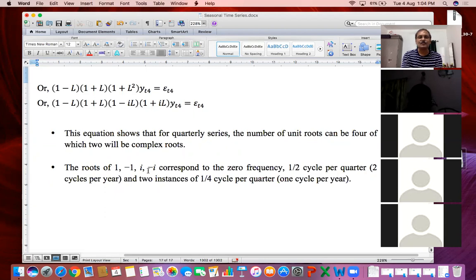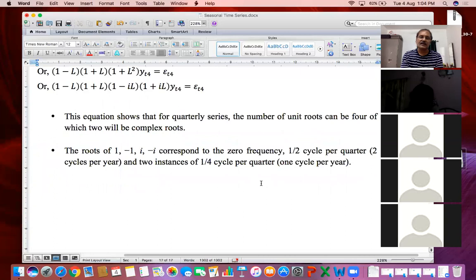Similarly, the complex roots provide the behavior of the movement of 1 cycle per year, because here you have 1/4 cycle per quarter. So 1 quarter indicates 1/4 cycle. Therefore, 4 quarters indicate a complete cycle.